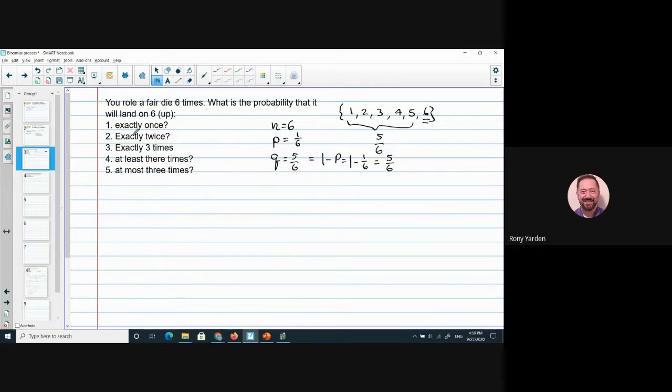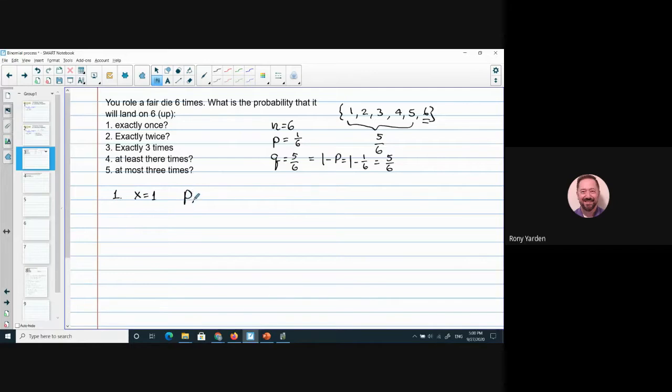Now we're left with x, but x is going to change between these options. These parts 1 through 5, we're going to have different x. So exactly once. In number 1, we have 1 success, so x equals 1. Let's write down the equation.